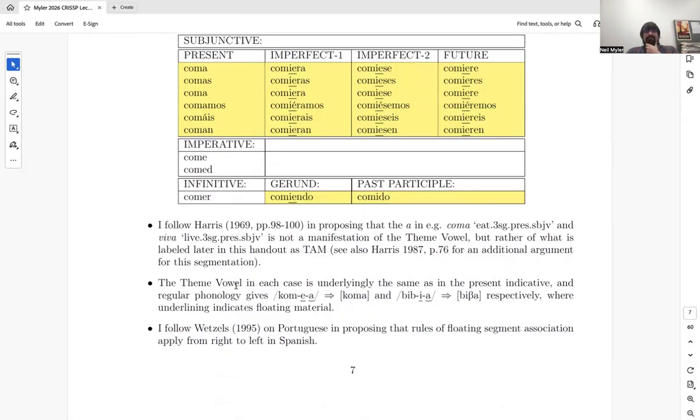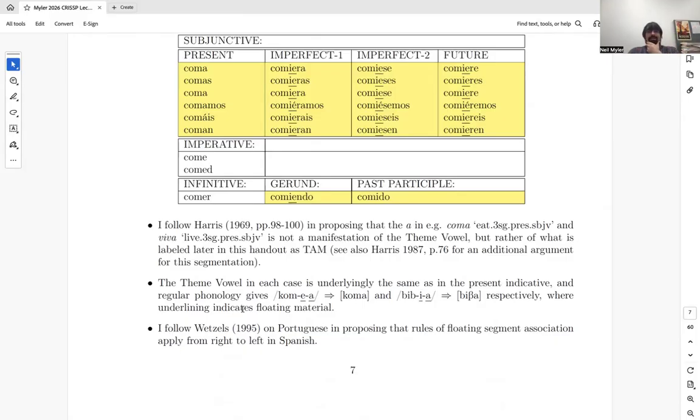And that means that, for example, the underlying representation of the third person present subjunctive form of "to eat" is "com" followed by a floating "e" followed by a floating "a." And the underlying representation of the third person singular present subjunctive of the verb "vivir," to live, is "bib" followed by a floating "e" followed by a floating "a."